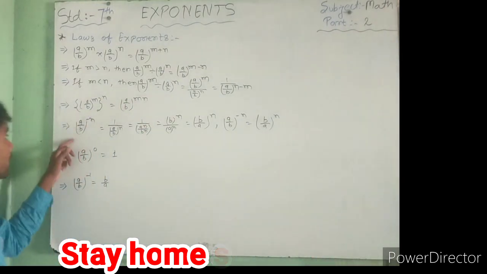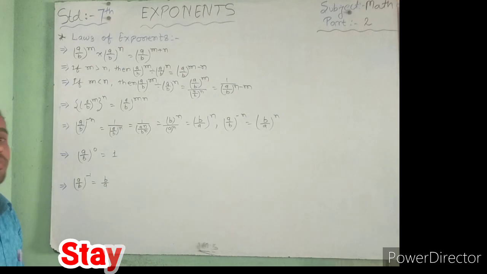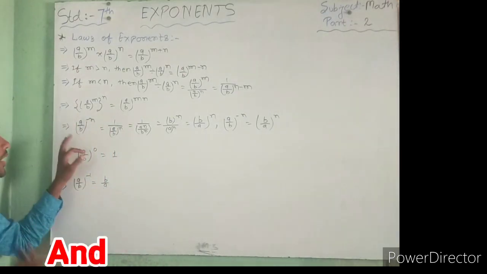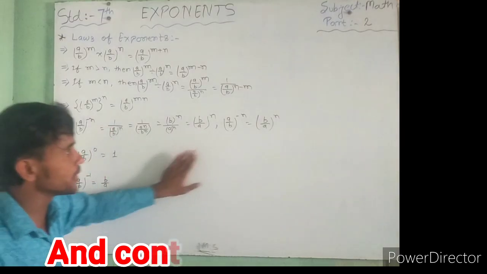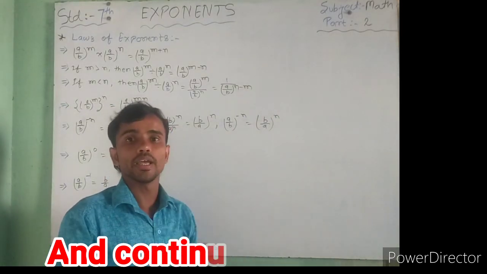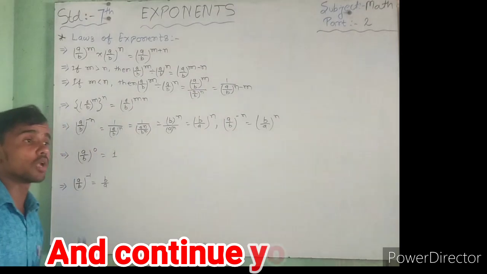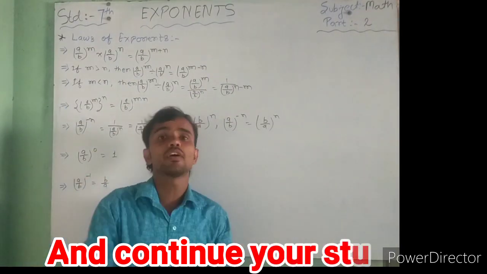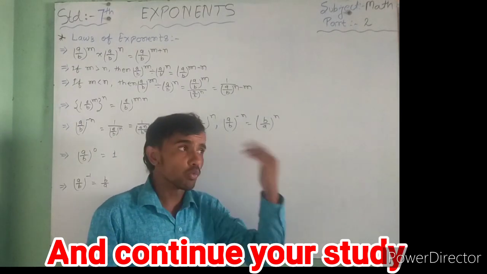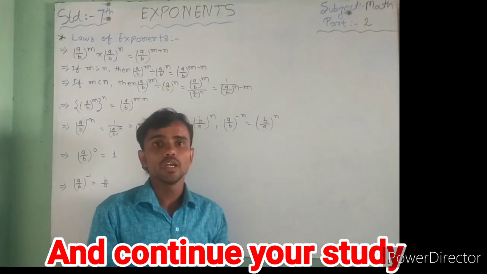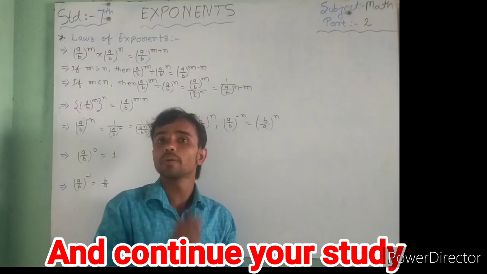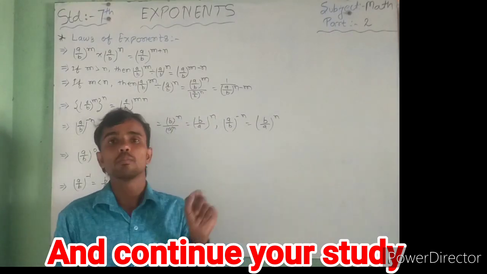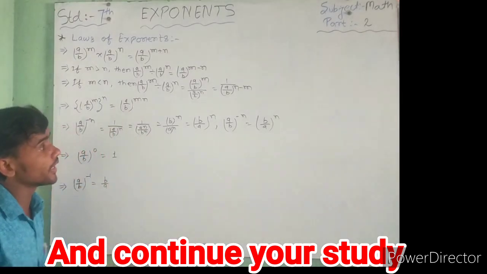Okay, next, (a/b)^(minus n). If any question comes in minus format, how to solve it? It means (b/a)^n. My dear students, when you solve a reciprocal question, firstly you convert the number, like a/b, then you convert it to b/a. And if any question comes with a minus power, then you convert it to plus.